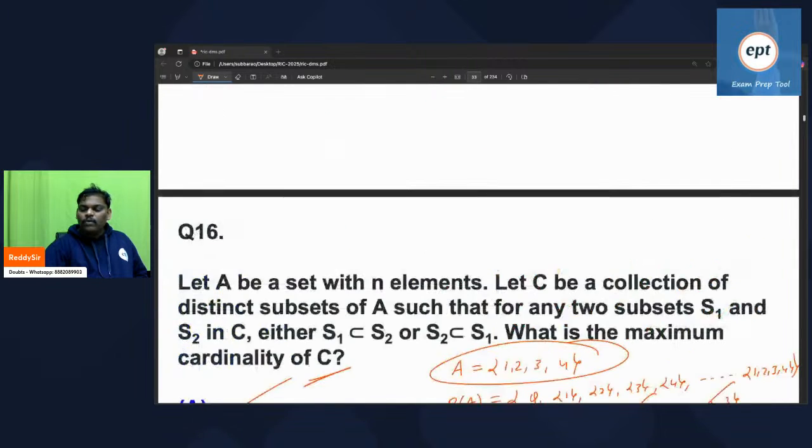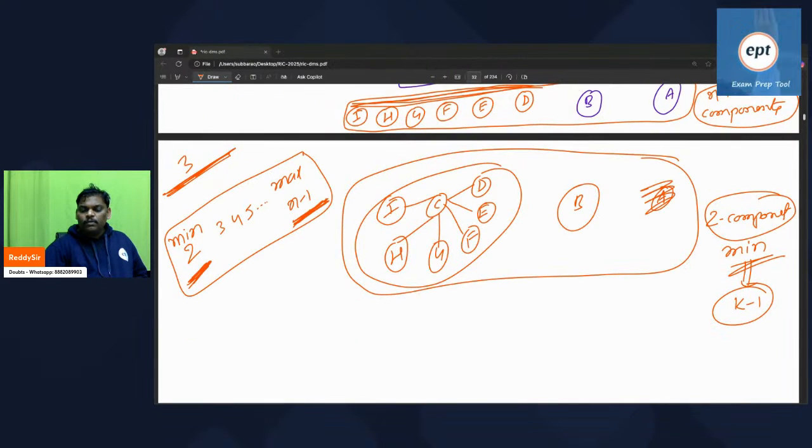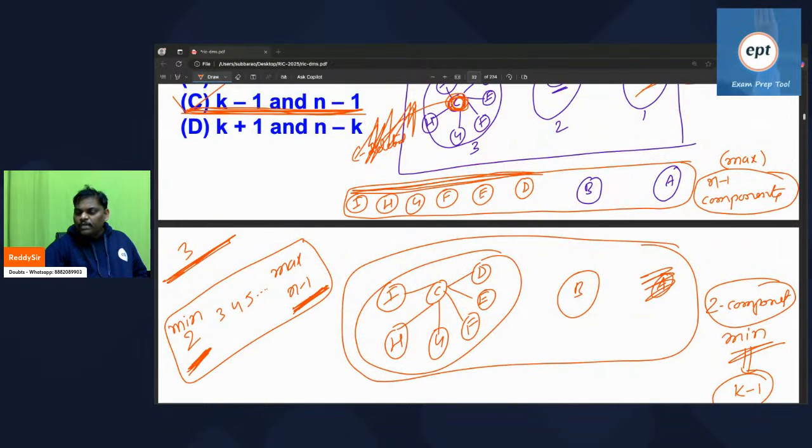Tomorrow's topics are graph theory and mathematical logic. 20 problems we will do, guaranteed.